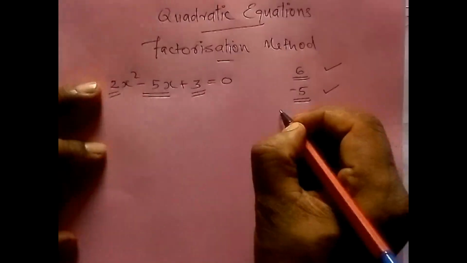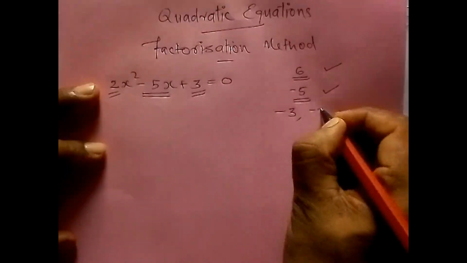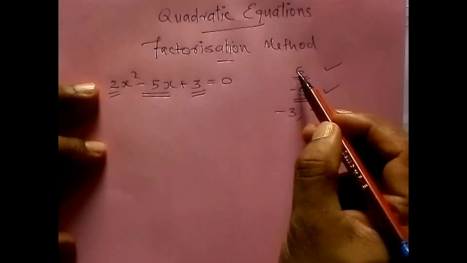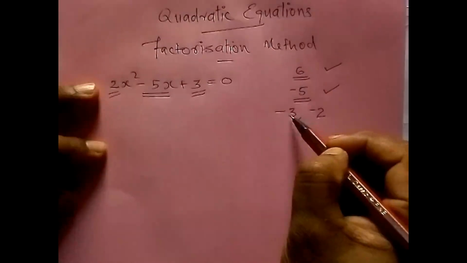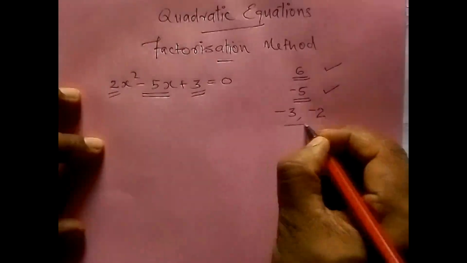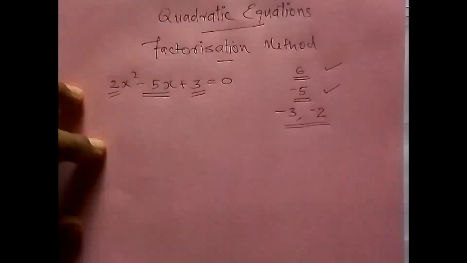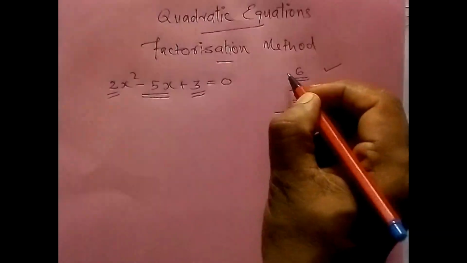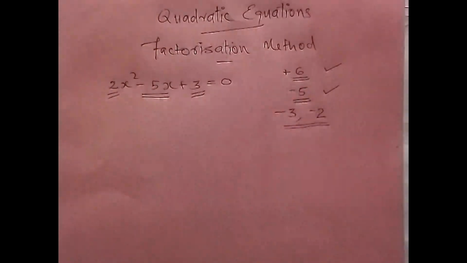Yes, these numbers are minus 3 and minus 2. If you multiply minus 3 and minus 2, you will get 6. If you add minus 3 and minus 2, you will get minus 5. But what is the easy way to guess these numbers? See, when the product is a positive number, that means either both of the numbers should be positive or both the numbers should be negative.